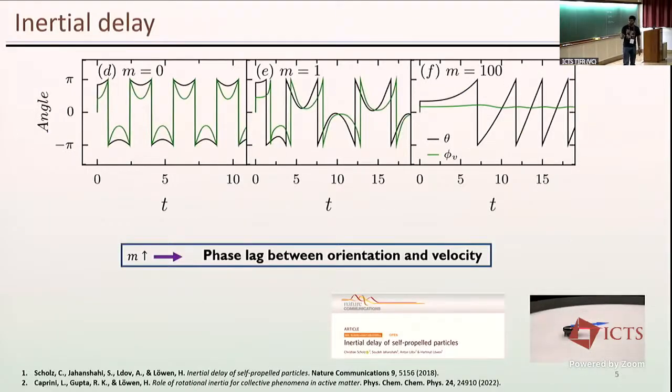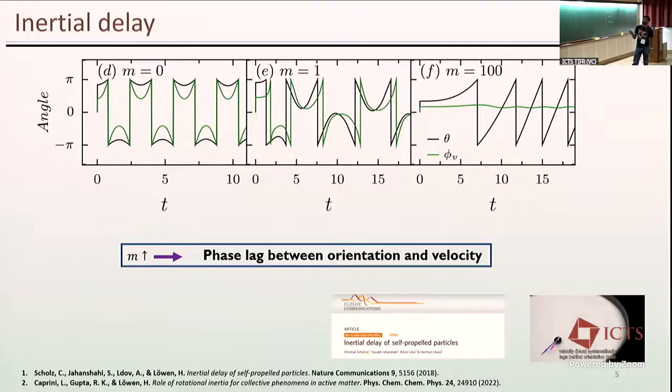For that we have plotted the orientation of the particle and the velocity direction for different mass values. For lower mass values in the overdamped regime, we clearly see that they overlap with each other.